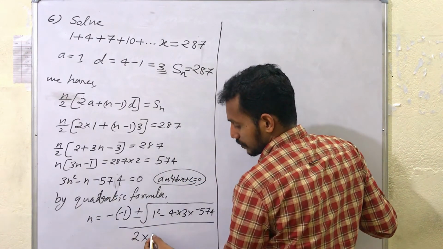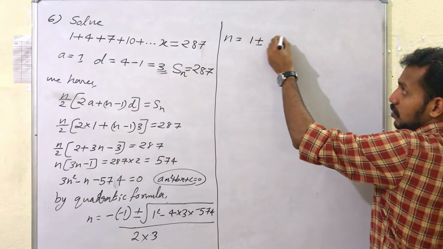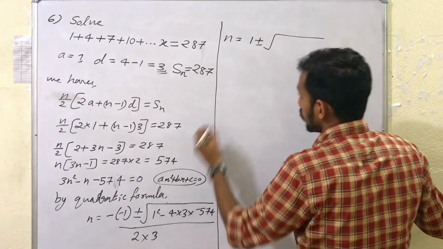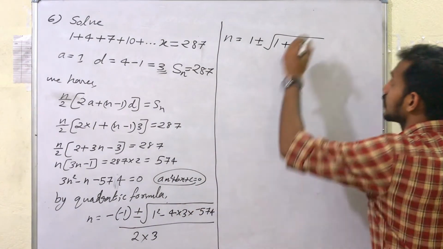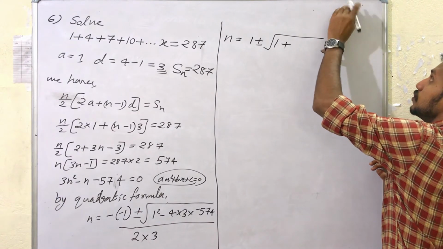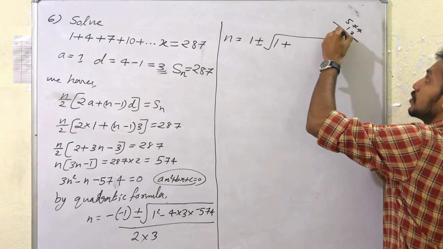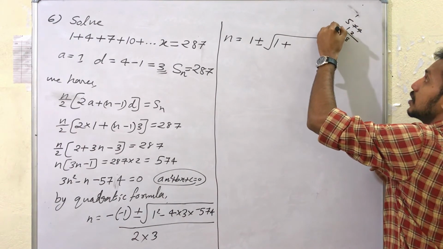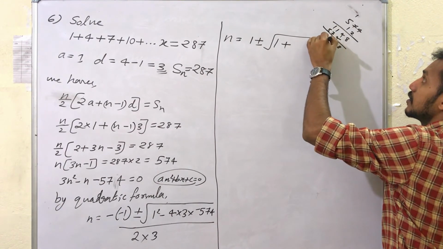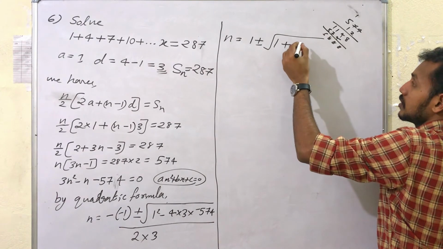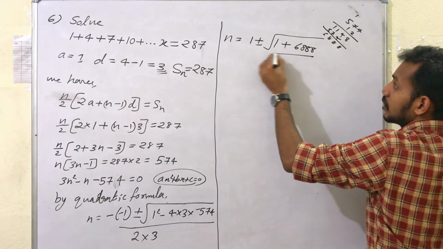So 2 into 3. That is n equal to minus 1 plus or minus root of 1 square is 1, minus into minus will be plus, now 4 into 3 is 12, 12 into 574, which is 6,888, divided by 6.